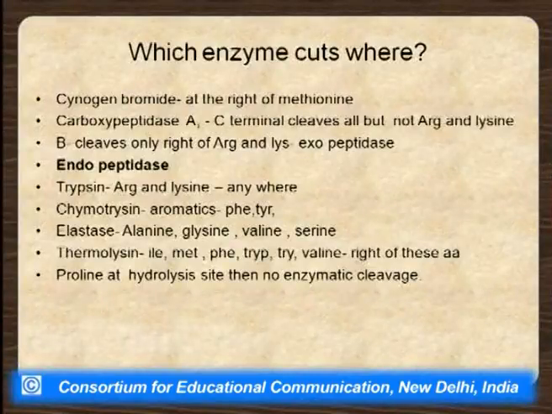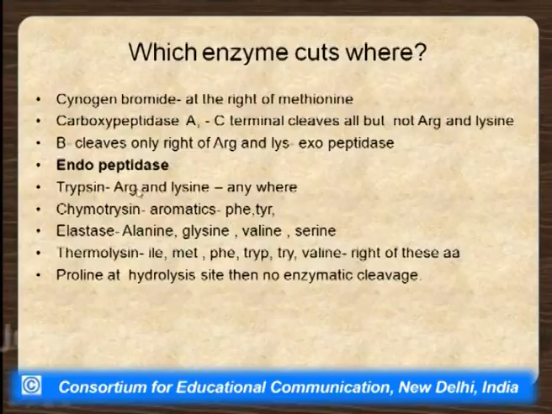Cyanogen bromide will cut at the right of a methionine and will form a cyclized product. Carboxypeptidase A will cut at the C terminal, cleaving all such residues, but will not cut at arginine or lysine. Carboxypeptidase B will cleave only right of arginine and lysine, and hence we call it an exopeptidase.